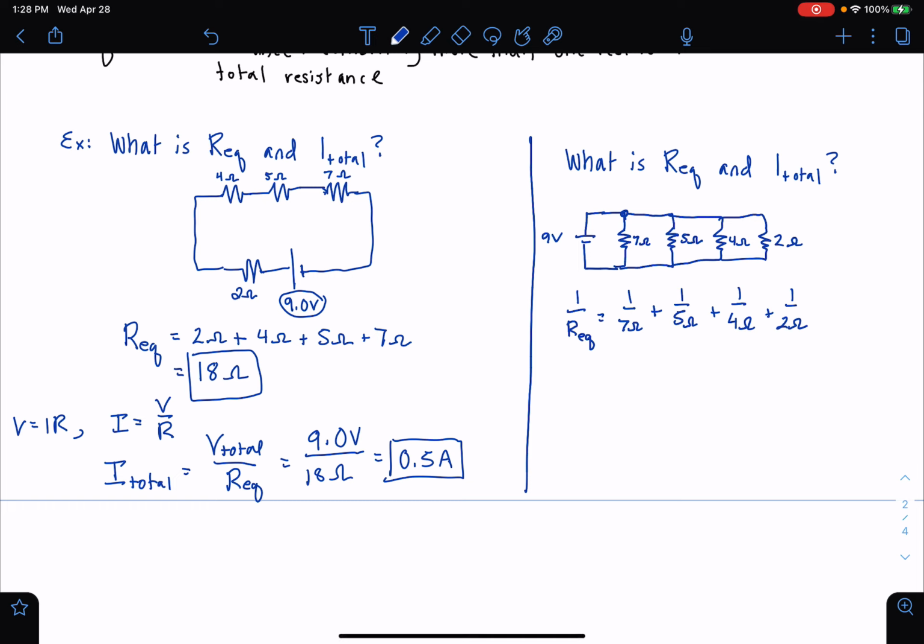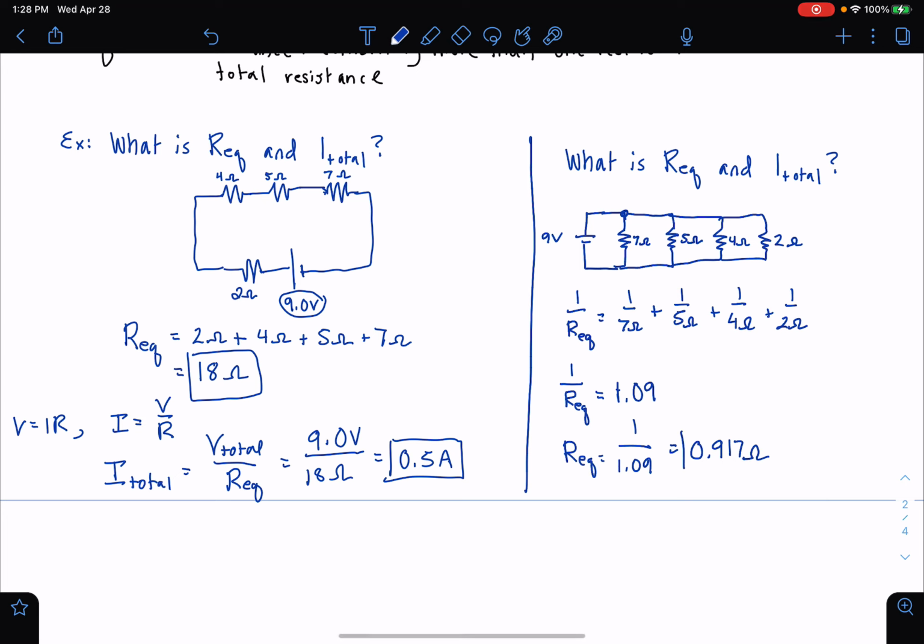Okay, so if I take all of those fractions off to the side, so 1/7 plus 1/5 plus 1/4 plus 1/2, what you end up getting is 1 over REQ equals 1.09 rounded. So then to find REQ, you take 1 over that number, which is 0.917.